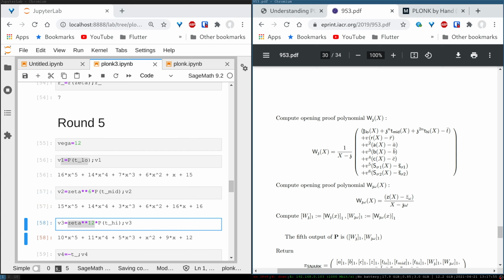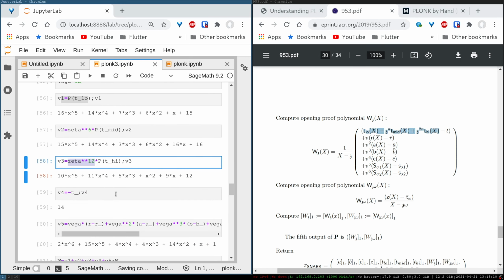So we basically reconstructed the t polynomial and we evaluate it at x, right? So these guys are pretty much the same actually, except that we have broken down t into 3 parts, so we have to rebuild it. And now v4 is minus t bar, right?